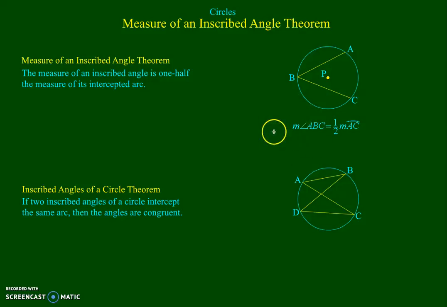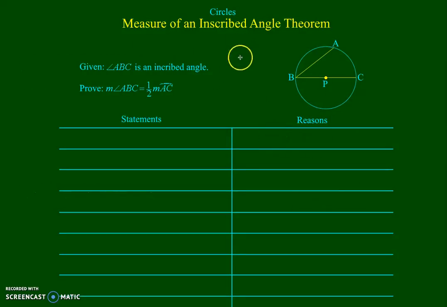So let's go ahead and see if we can prove the measure of an inscribed angle theorem and see how these theorems work. To prove it, there are actually three possible conditions that exist. The primary is when one of the chords is actually a diameter of the circle. That's the first case that we're going to prove. The second case is when the center of the circle is in the interior of the inscribed angle.